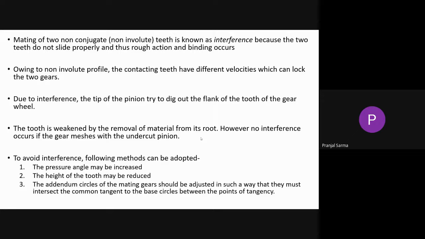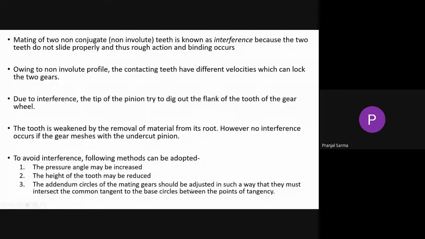Now, to avoid this interference as much as possible, you can try some methods. One is you can increase the pressure angle somewhat, and that may lead to some decrease in the interference problem.